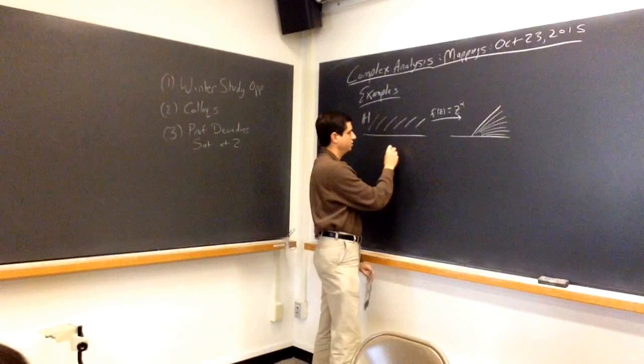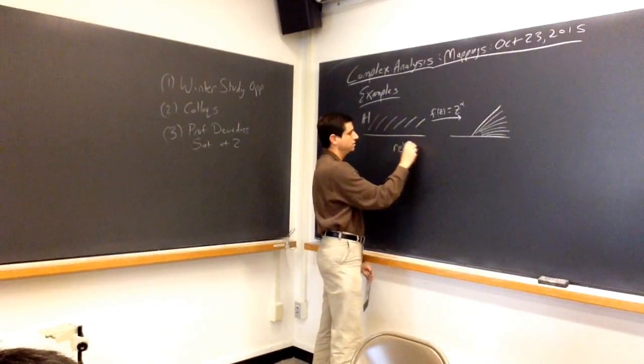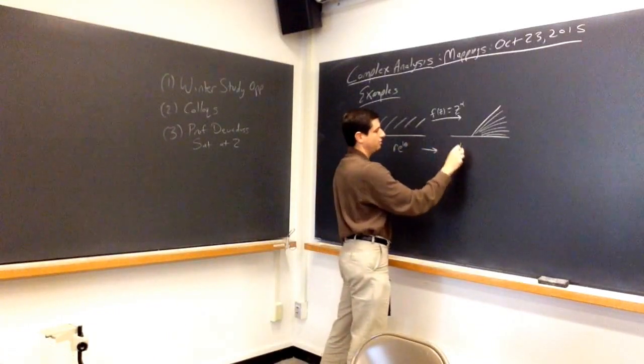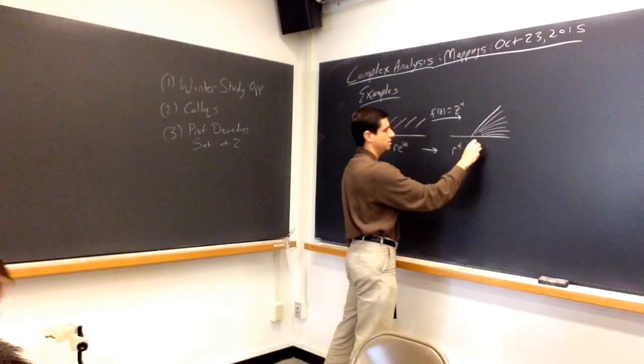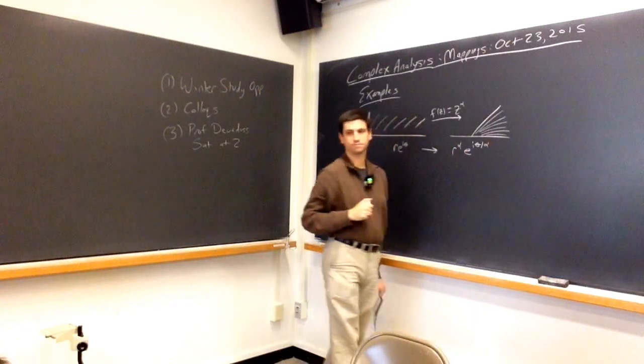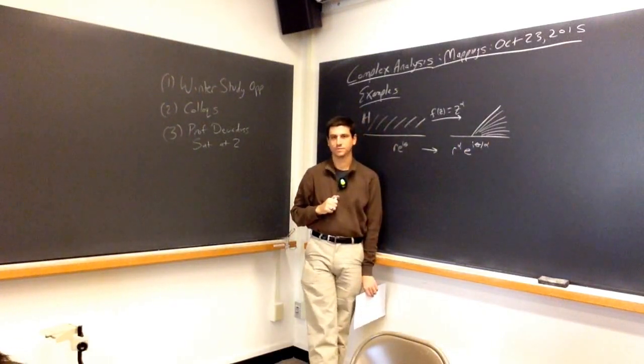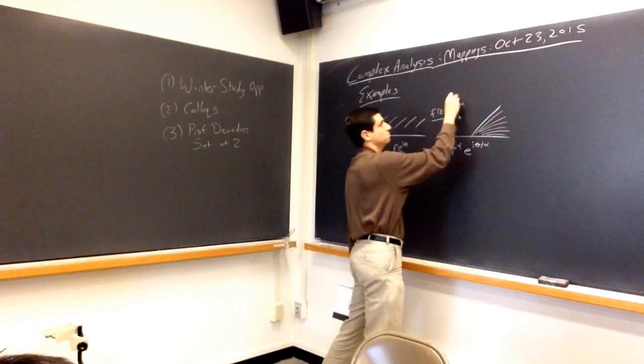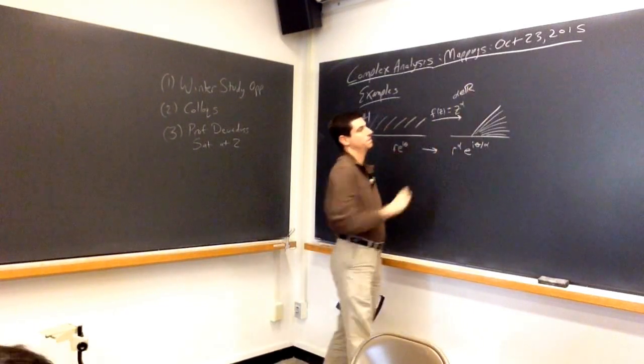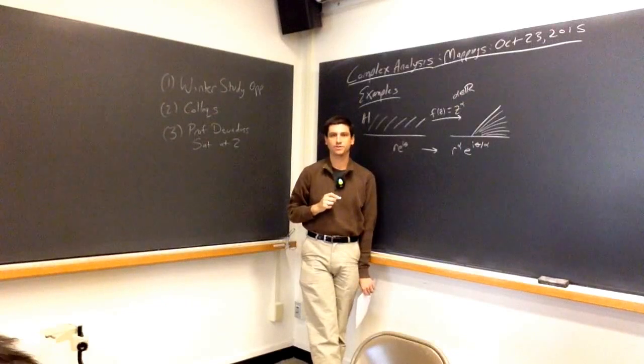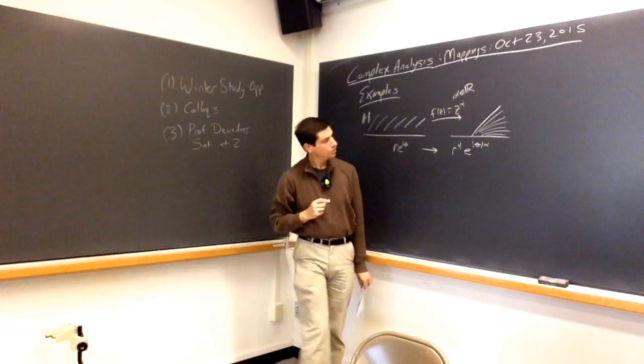So I've got r e^{iθ}. I'm going to r^α, e^{iθ α}, at least if alpha is real. So what should be true about alpha for this picture to be correct? 1/4, something like that.